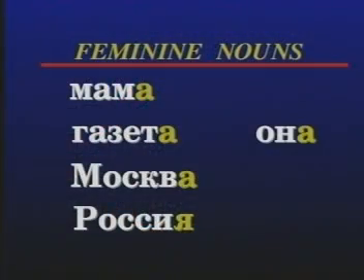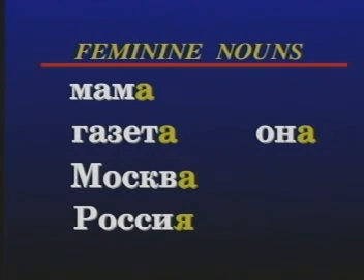Okay, well, we know about masculine nouns. Let's take a look at feminine nouns, and we'll talk about how we identify feminine nouns. Мама is feminine, газета is feminine, Москва is feminine, and Россия is feminine. What brings them together? What makes them feminine?